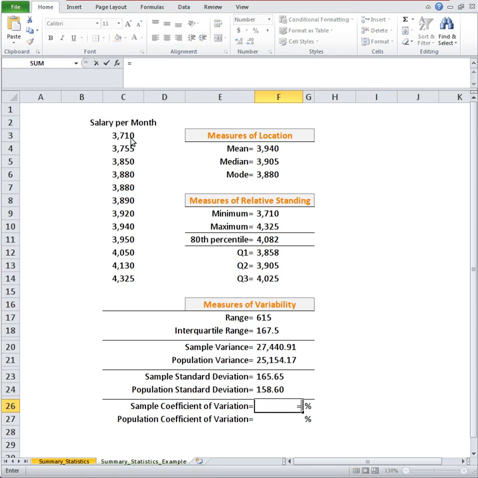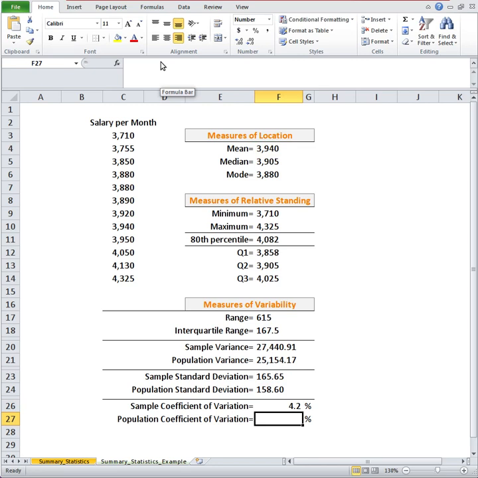We hit equal, and then we use the sample standard deviation, and then we divide that by the mean. So that will be the first part, and then I'm going to write parentheses, and then I'm going to multiply by 100, and then after that I'm going to get the percentage. So when I do so, I get 4.2%.